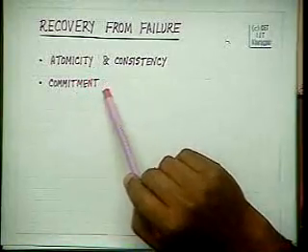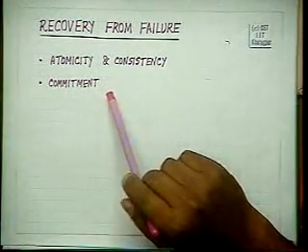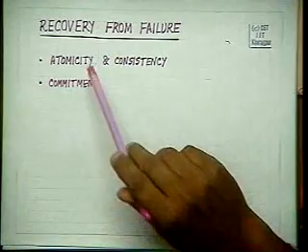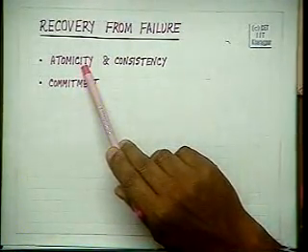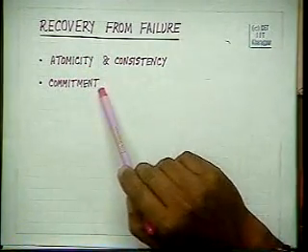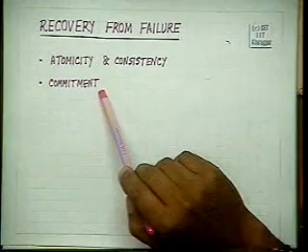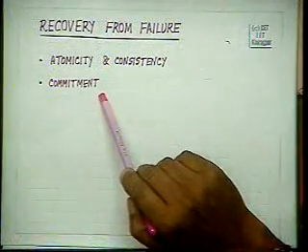We shall continue our discussion on recovery from failure, and we have discussed earlier that there are two things which are very important for understanding the concept of recovery, and that is the issue of atomicity of a particular job and the consistency of a job, and the amount of commitment that has been given for a particular job in terms of the users.